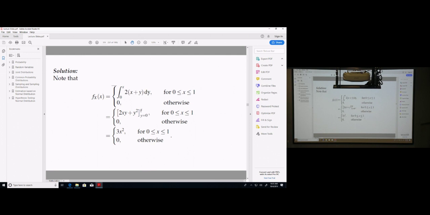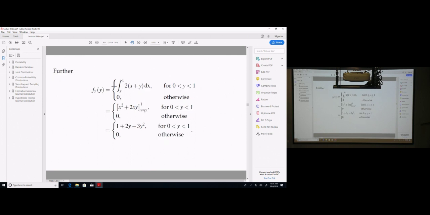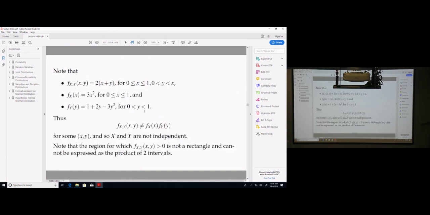Y is only changing. Y is the one that you are integrating. All right, and we do the same thing here. I mean, you really need to sit down and do the work. It is not something that you can do while watching television. All right, and so as a result, you have this.